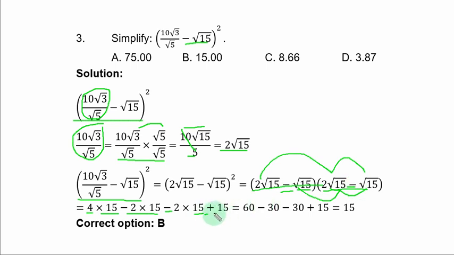What you have there, root 15 times root 15 is 15. So you have 60 minus 30 minus 30 plus 15. If you take out these three terms, become 0, you are left with 15. B is the correct option.